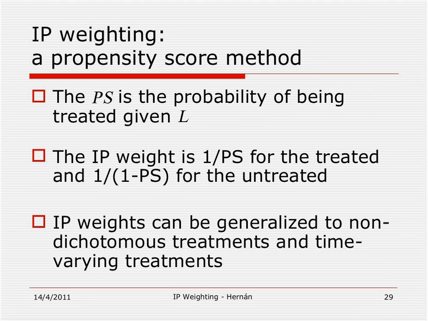So it has to be the inverse of the probability of treatment for the treated and the probability of no treatment for the untreated. The main advantage of IP weighting is that you can make it more general. You can use it for continuous exposures. You can use it for time-varying exposures, unlike the usual application of the propensity score.